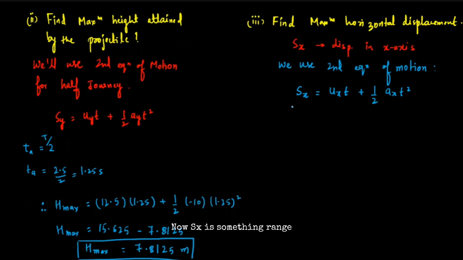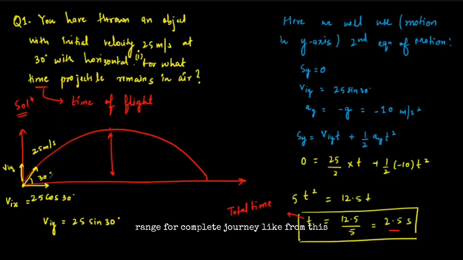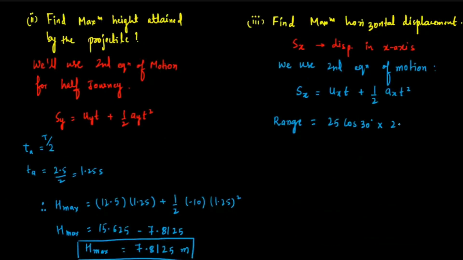Sx can be written as ux into time plus half of ax into time square. Now Sx is the range, which we have to find. Ux is u cos theta. U is 25, cos theta is cos 30 degrees. Now what about time? We have to find the horizontal range for the complete journey, from point A to the final point C. For the complete journey, the total time is 2.5 seconds, which we already calculated. So we substitute 2.5 plus half of ax.